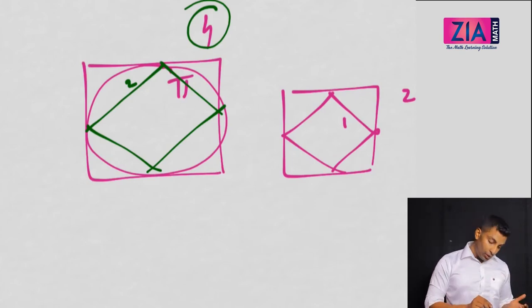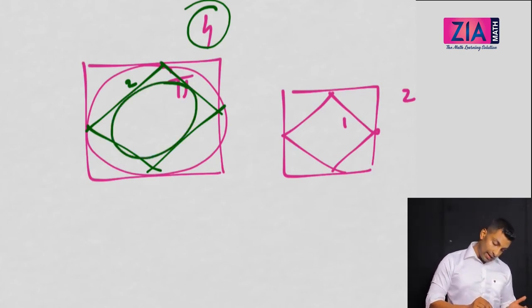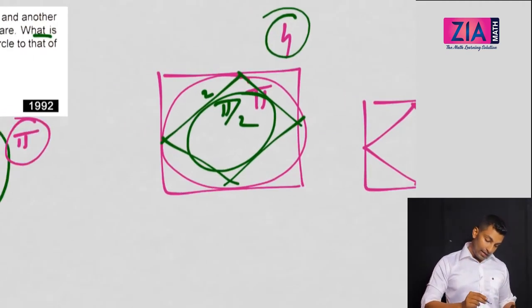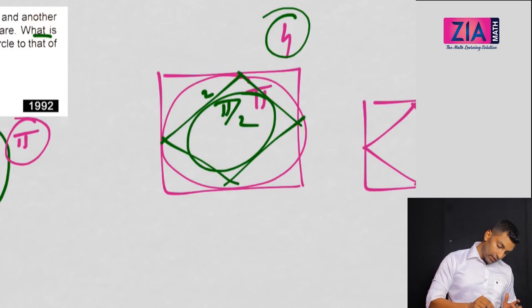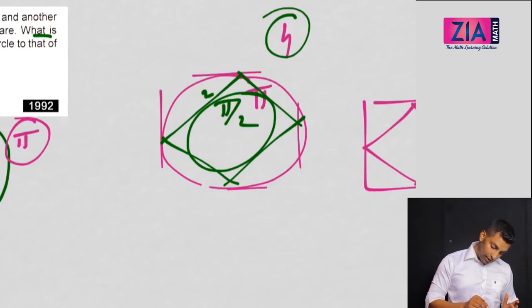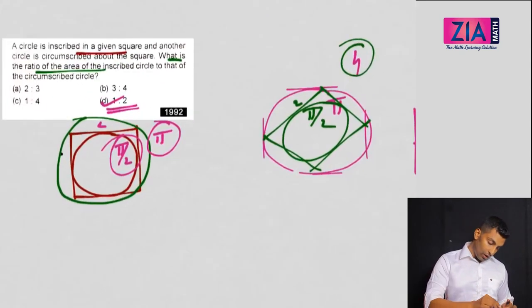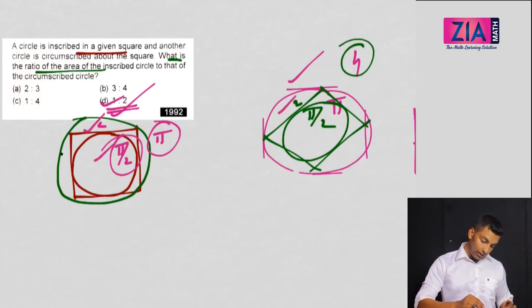Now, if that is 2 and I put another circle here, that has to be pi by 2 because the 4 : pi ratio has to be maintained. So you can see here, if you remove this outer square, what is left is what the question asks, right? You have a circle here, then a square, then a square, then a circle, then a circle.